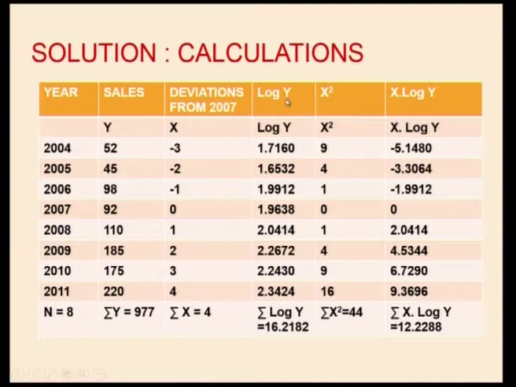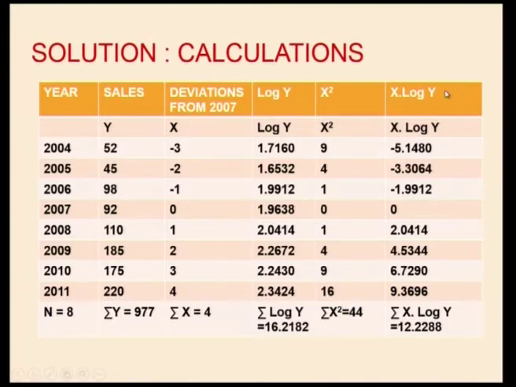Then log y. Find the log for each of the given values of y. You get 1.7160, 1.635372, etc., 2.3424. If you add, sigma log y is 16.2182. Similarly, x square: square each value of x. So 9, 4, 1, 0, etc., 16. So sigma x square is 44.